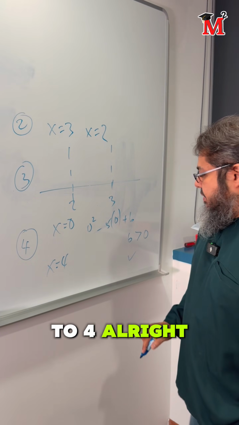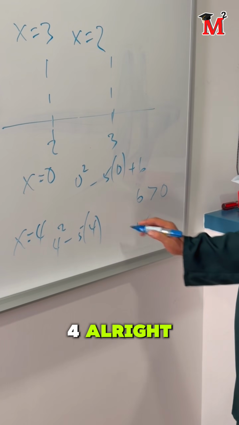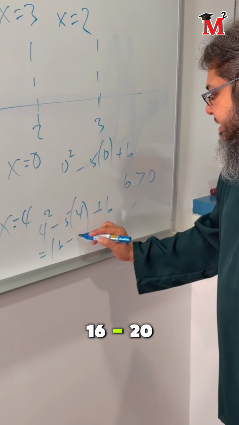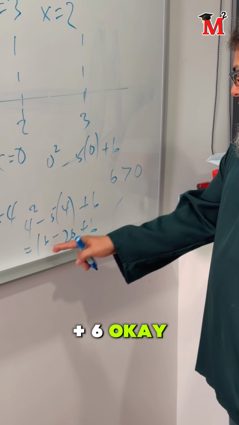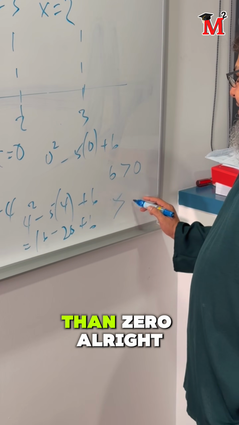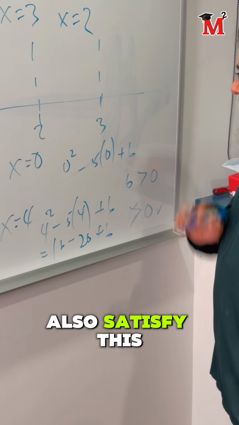Maybe x equal to 4. Now you have 4 squared minus 5 times 4, plus 6. So it'll give you 16 minus 20 plus 6, which is going to give you 26 minus 20, which is greater than 0. So this region also satisfies this inequality.